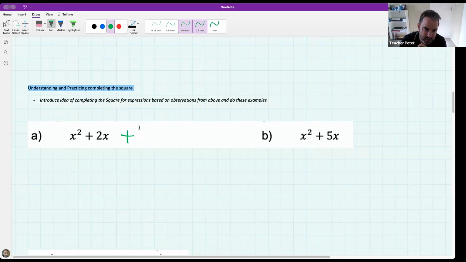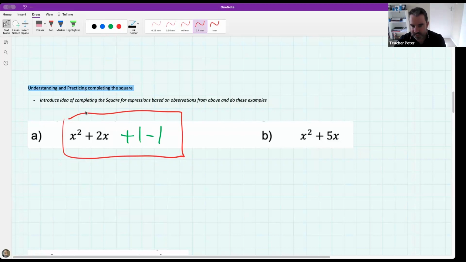But if I said to you, +1 minus 1, is that still the same expression? So yes in the chat if you think it is the same expression, no if you think it isn't. I want to see in the chat what you say. The people must vote.